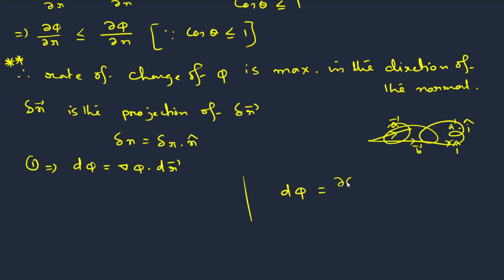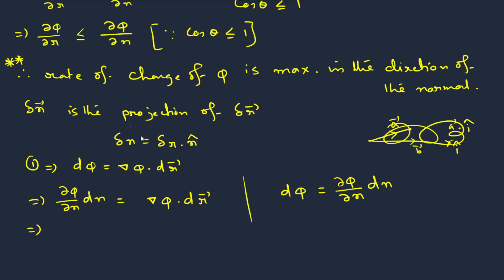So in short you can write del phi by del n dn. So d phi can also be expressed like this. This is the relation between partial and total differential. So now on the left hand side, in place of d phi, if we write del phi by del n dn, on the right hand side it is nabla phi dot dr bar.